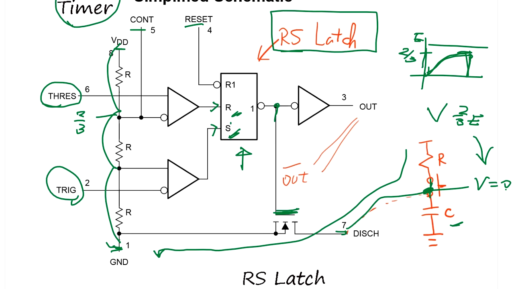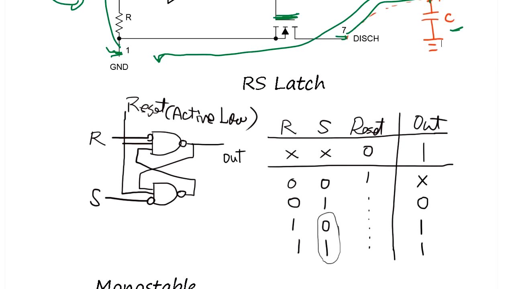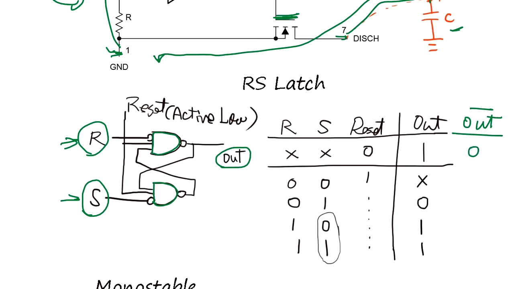So what is an RS latch? An RS latch is made of 2 NAND gates, or you can make it with 2 NOR gates. Basically, an RS latch operates by set and reset, and we say this is the output, but the complemented output is going to be active when the reset signal is active low.